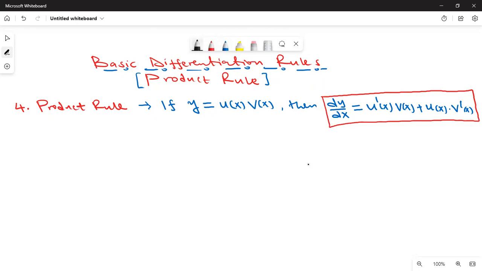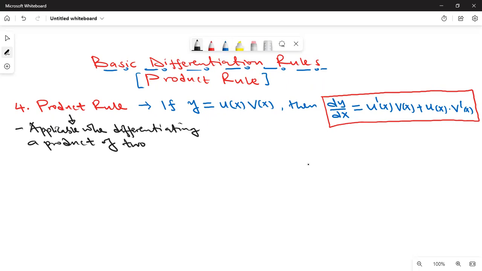So the rule is applicable when differentiating a product of two functions of the independent variable x.